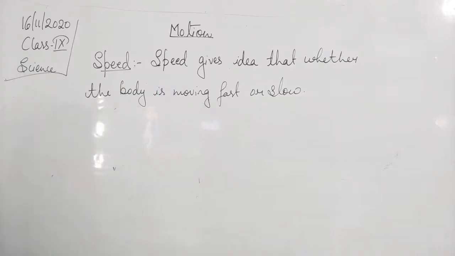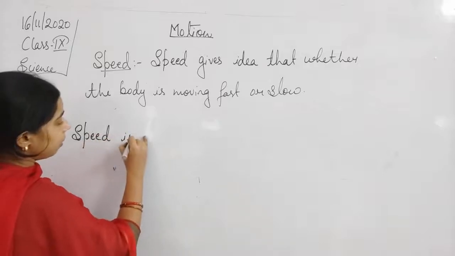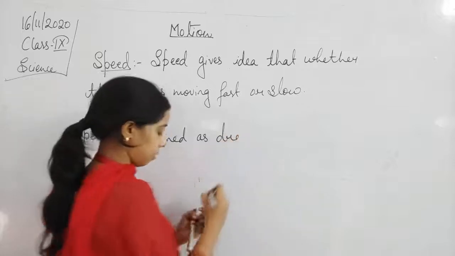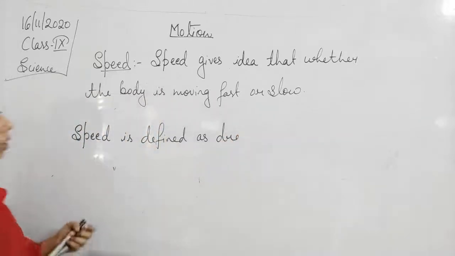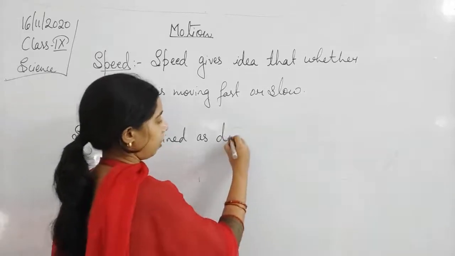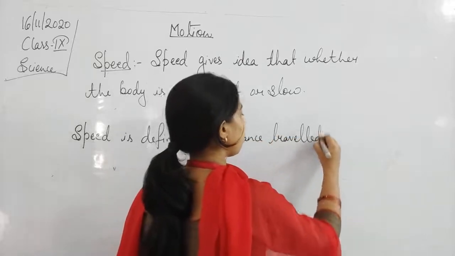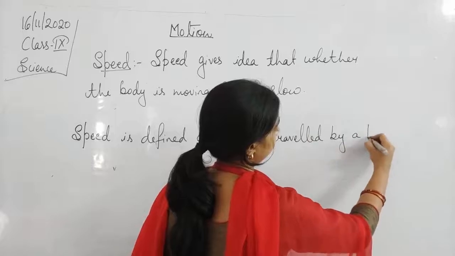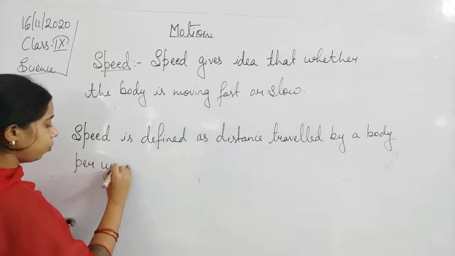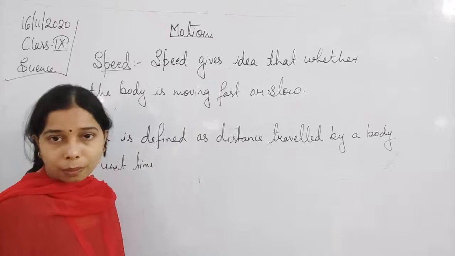So speed is defined as distance traveled by a body per unit time. That will define the speed of a body.